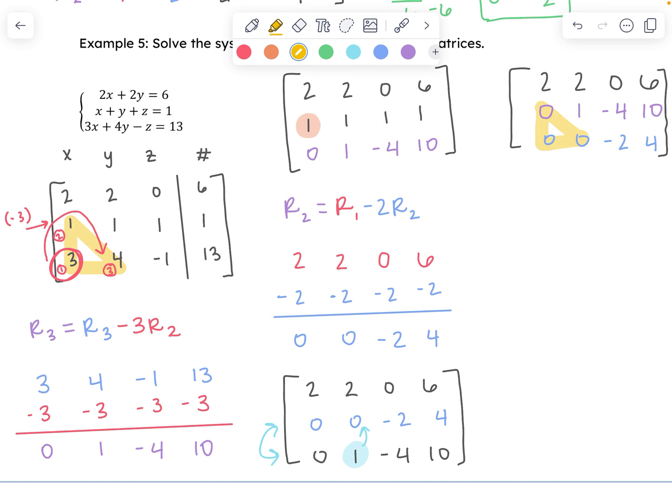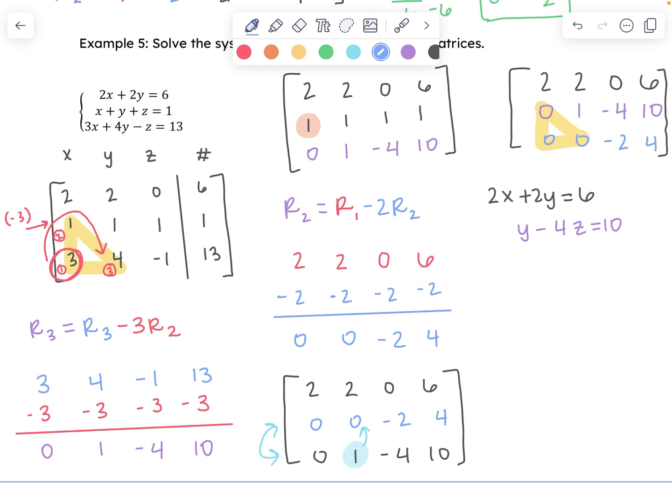So I'm going to take that, I'm going to write my equations. So my top equation is 2x plus 2y is equal to 6. That middle row, I don't have any x's, so now it's going to be y minus 4z is equal to 10.